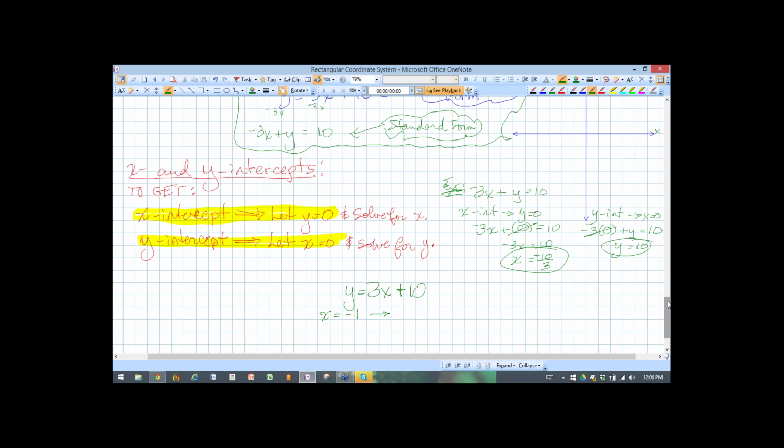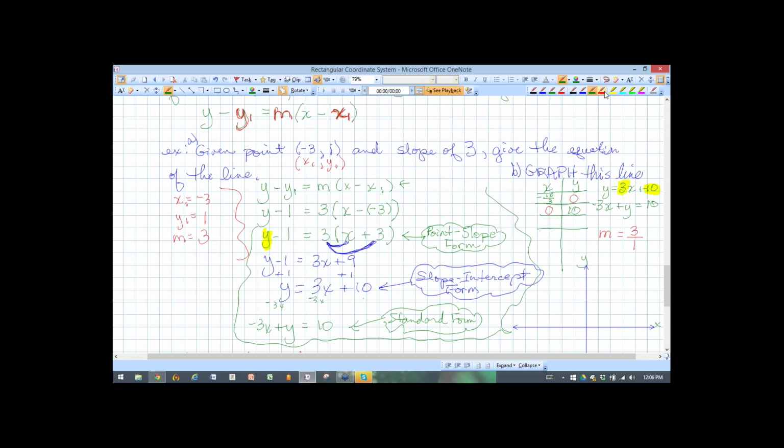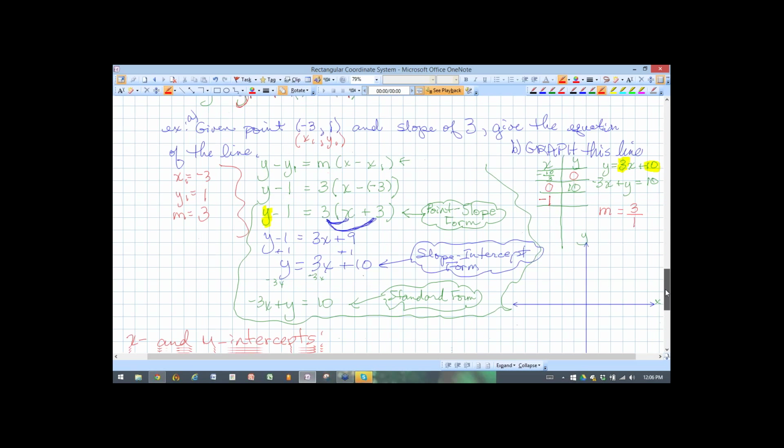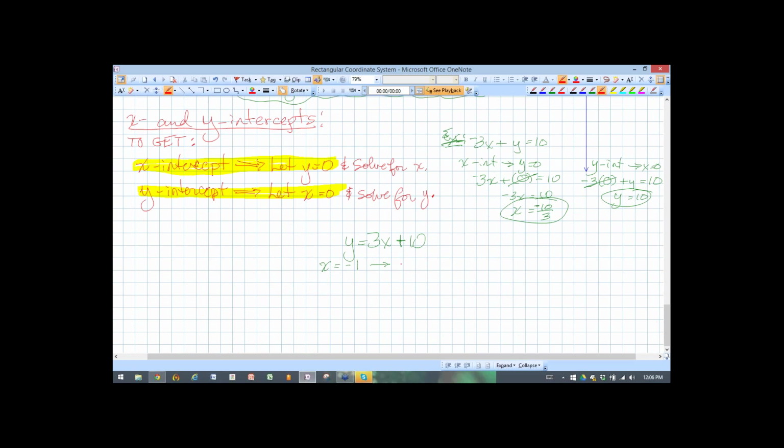So in my XY chart, in red I said was for the ones I'm choosing, I'm going to choose -1, and let's see what I get out in the output for that, okay? And so here's how it goes. We're going to have y is equal to 3, open parentheses, plus 10.